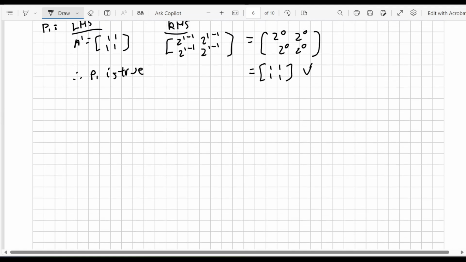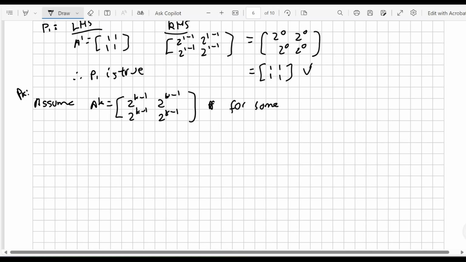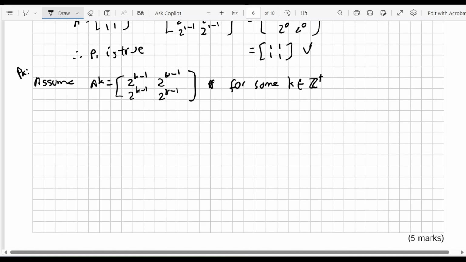Excellent. Now, assume A to the k is 2 to the k, take 1 in all spots, star, for some k in Z plus. Cool.